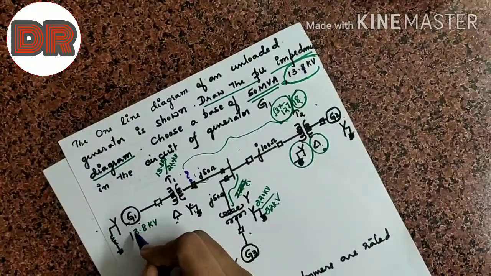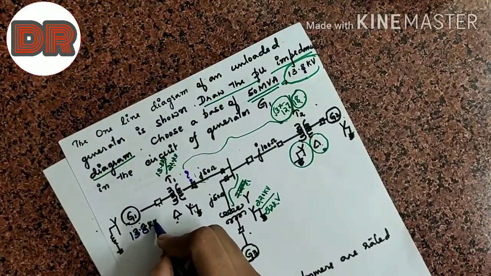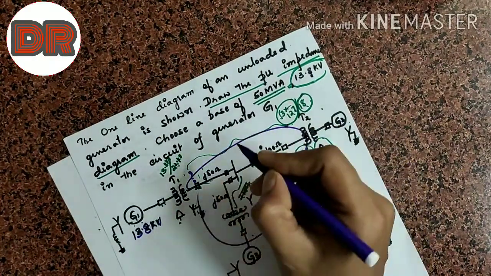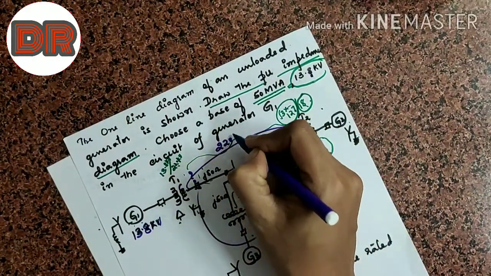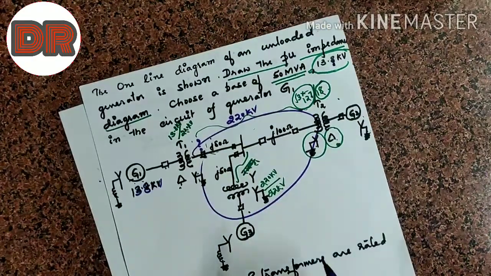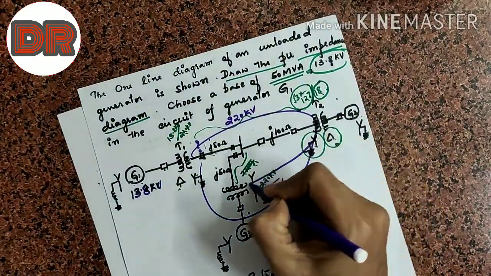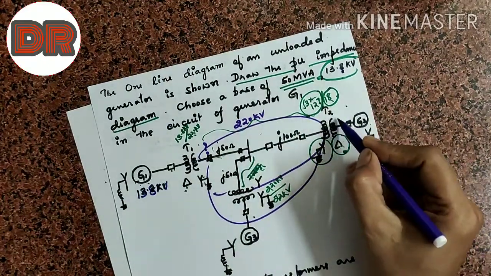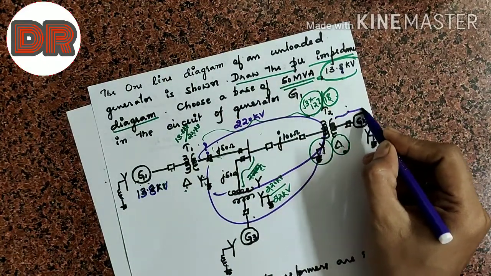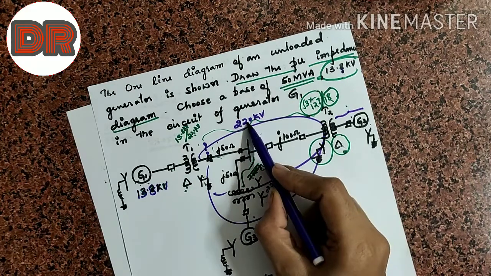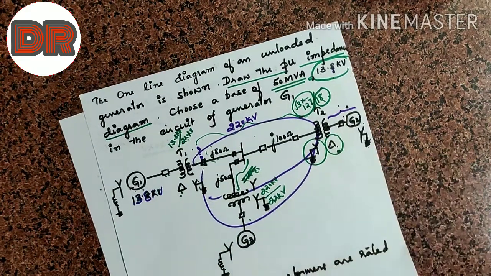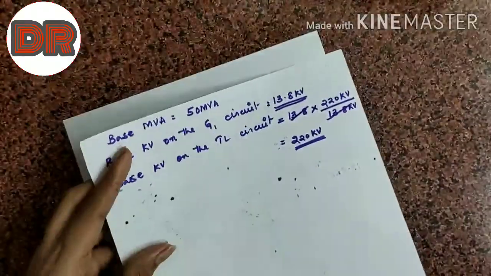So here it is 13.8 kV base, and for the entire transmission line circuit it is 220 kV. It is fixed now. Now on the other side of this transformer we have to calculate. If this is 220 kV, we calculate the base kV on the low voltage side, that is the G2 circuit.